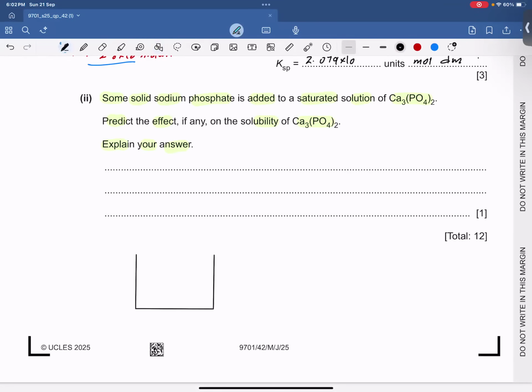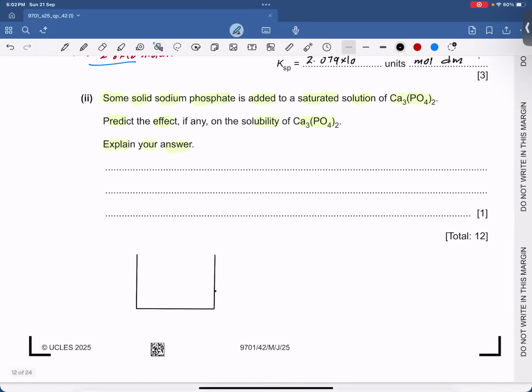In this beaker, we have a saturated solution of calcium phosphate. Obviously, an equilibrium is established between the dissociated and undissociated form like this.